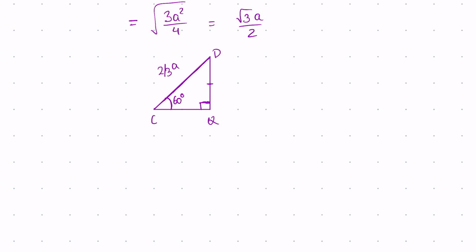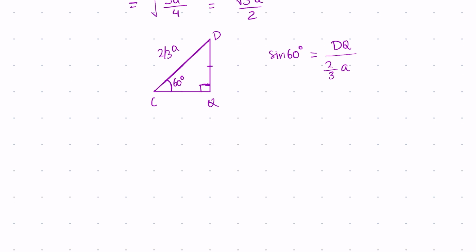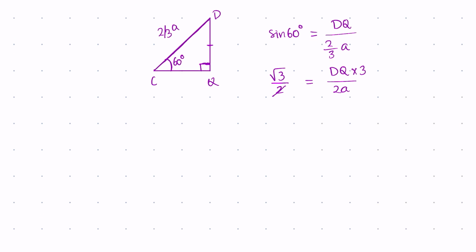So sine 60 degrees is equal to DQ divided by 2 by 3a, right? What is sine 60? Sine 60 is nothing but root 3 divided by 2, which is equal to DQ divided by 2a by 3, and the 3 goes to the numerator, so 2 and 2 get cancelled. So therefore DQ is equal to root 3a divided by 3.